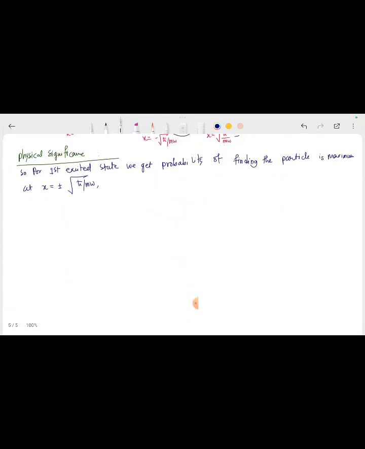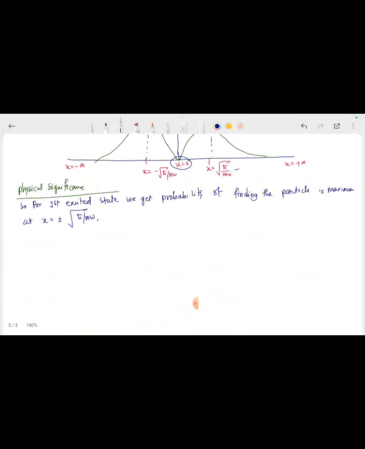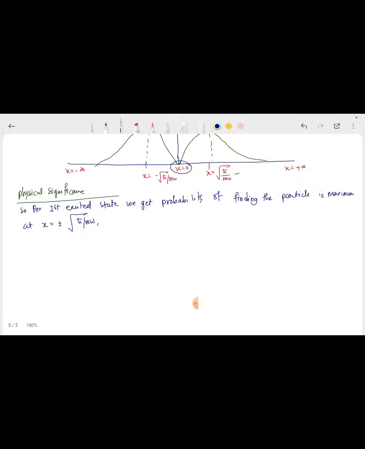Ground state, first excited state, and next we go to the second excited state, right?